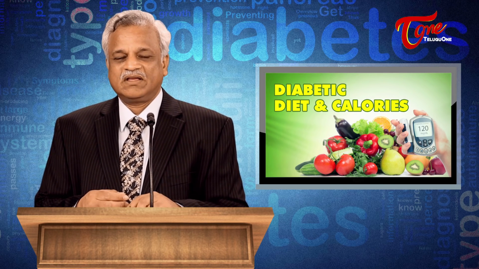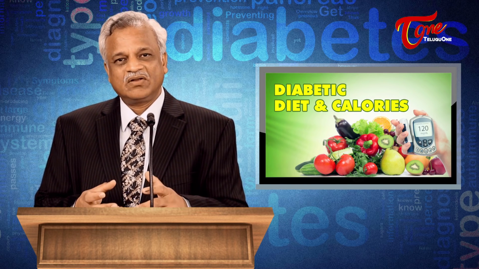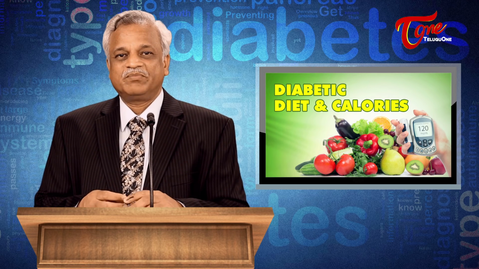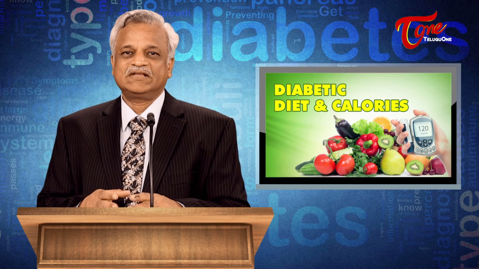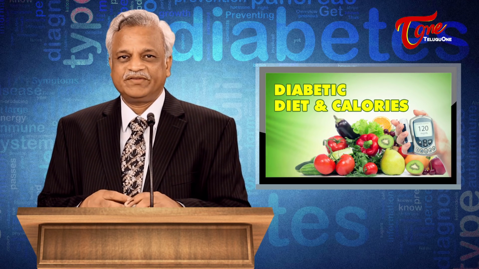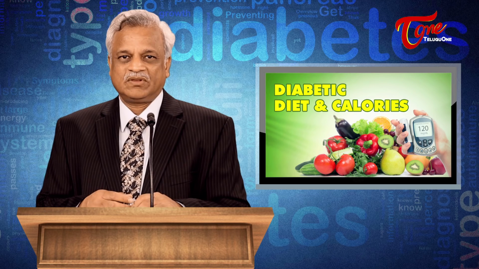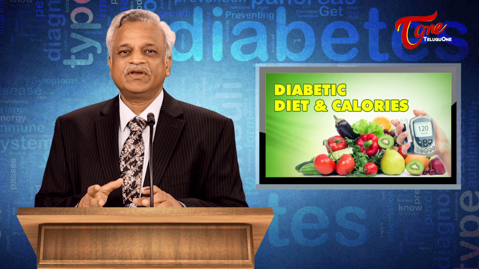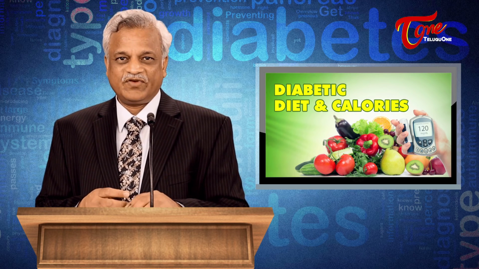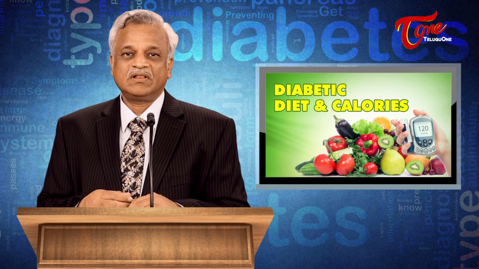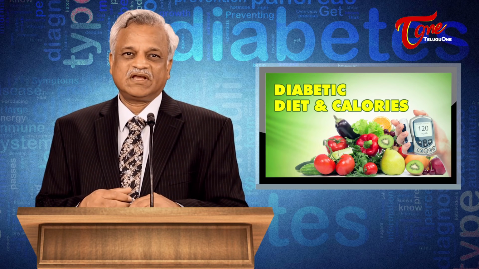So fat-based calories not only provide more energy, but fat-based energy is not consumed quickly. Fat-based energy is stored. You can't really burn away all the fat-based calories, whereas you can burn away all the carbohydrate-based calories.